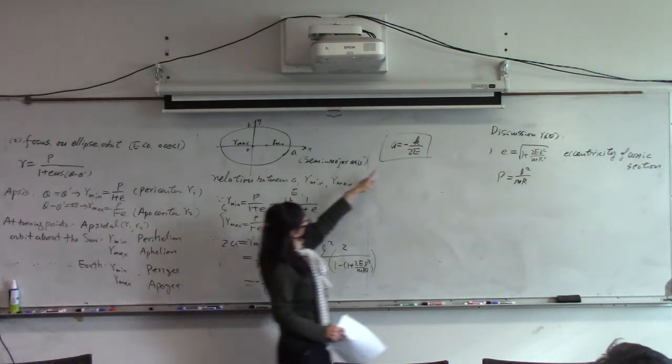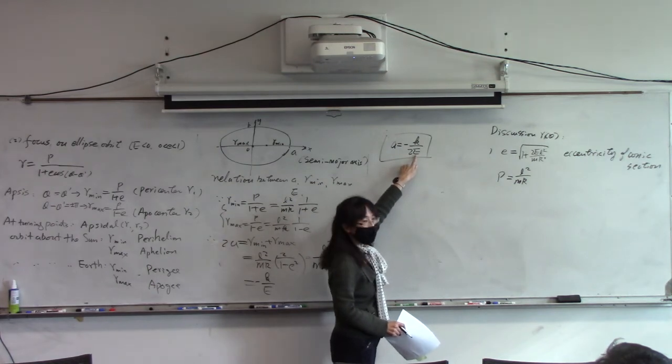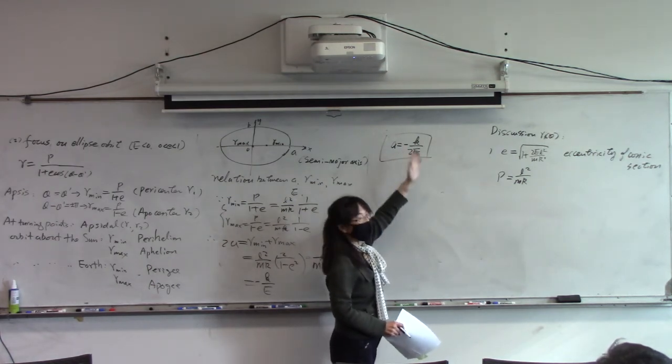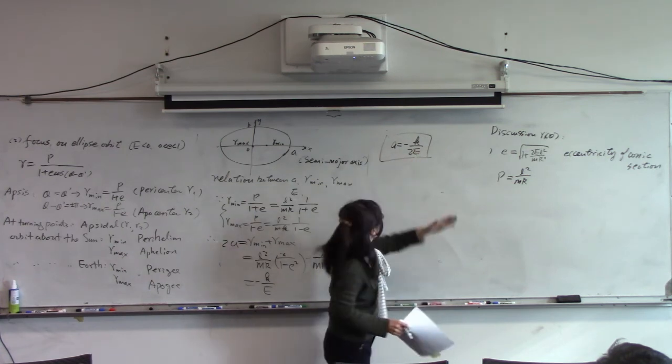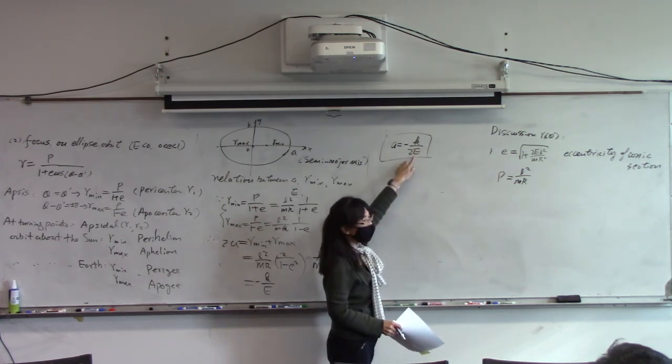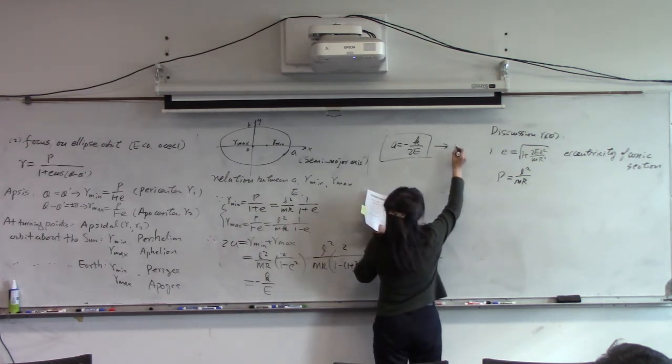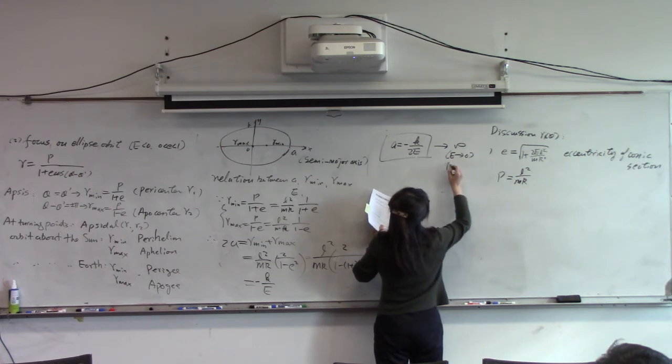So A will change. You can see here, as E gets smaller and smaller, and of course energy is negative, A is close to 0. A will go to infinity if energy goes close to 0, and that is a parabola. That makes sense.